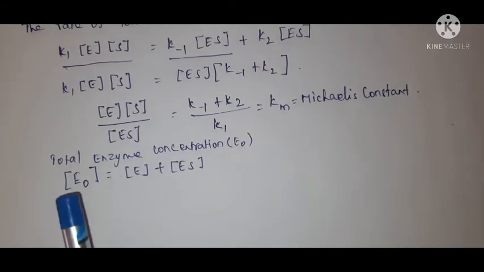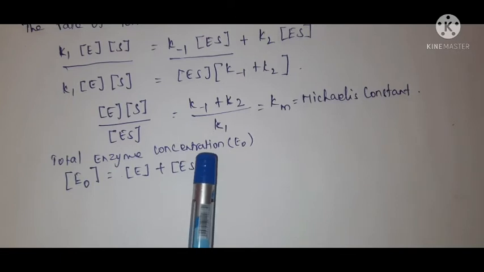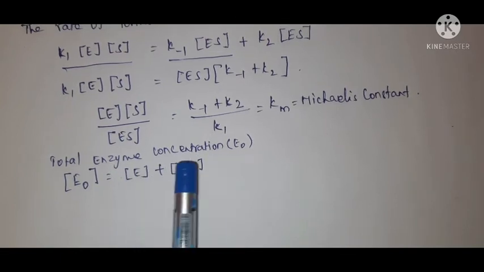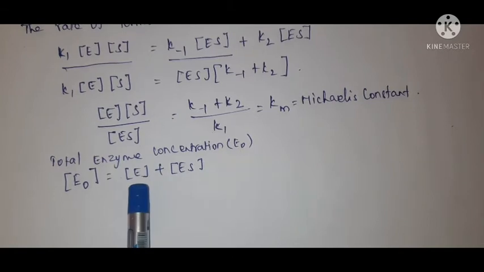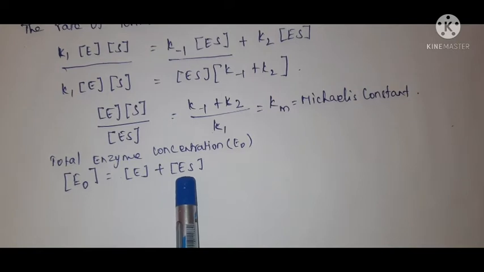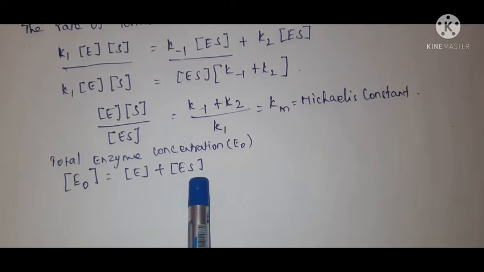Now we introduce the total enzyme concentration because it is the known quantity. During the course of the reaction, your enzyme is present in two forms. That is, it may be present as a free enzyme or it may be present as a bound enzyme. That is, your enzyme binds with substrate and forms the enzyme substrate complex.